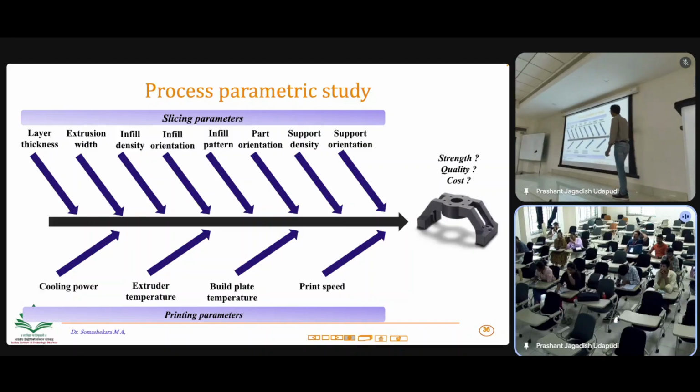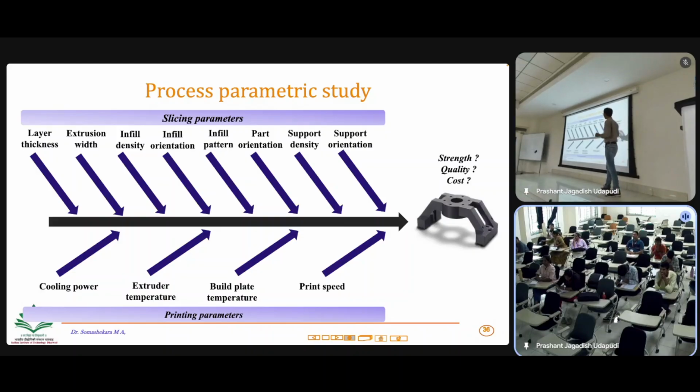So these are the parameters that you can decide during slicing itself. You can decide the layer thickness, the overlap between the layers, or the height of each layer.